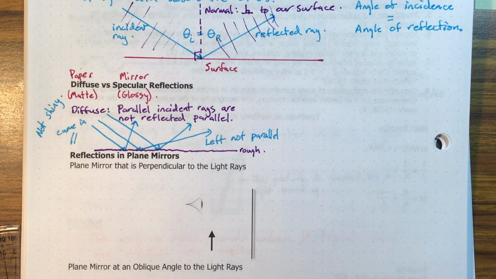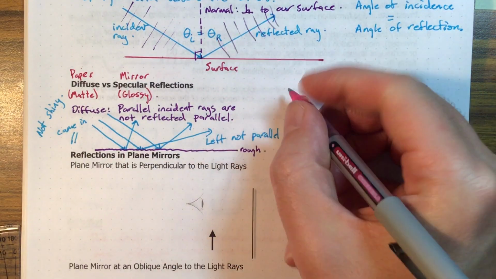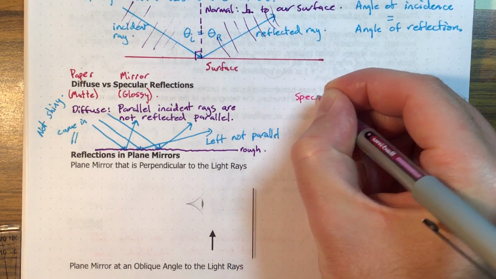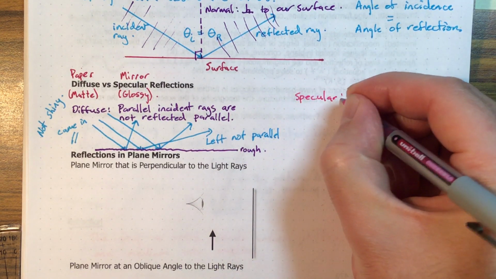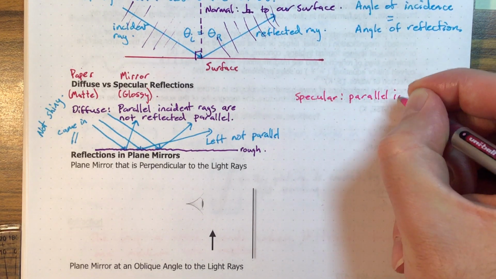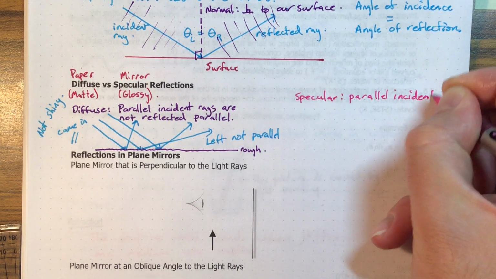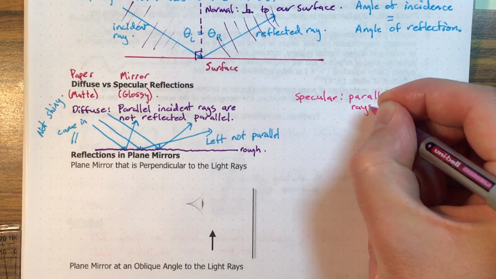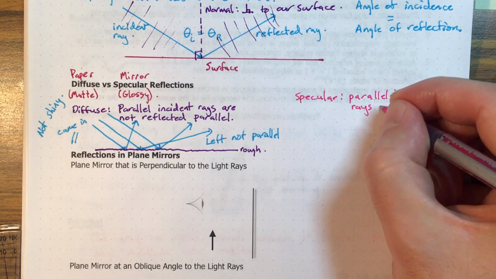So specular, we'll just do a little diagram for specular. Parallel incident rays are reflected parallel.